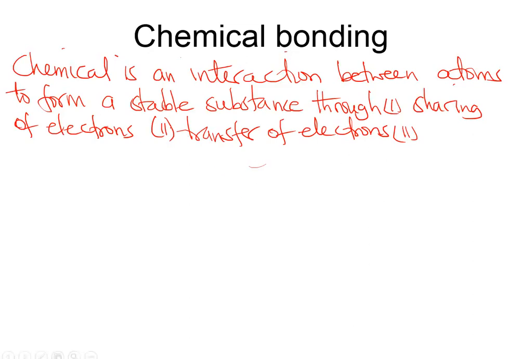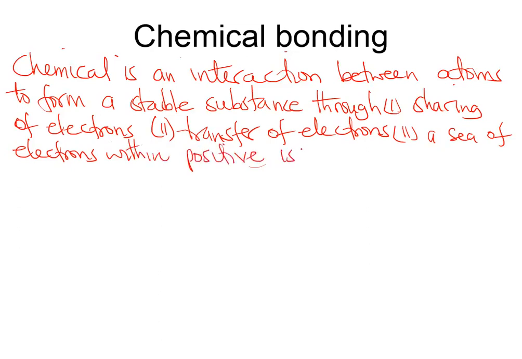So a chemical bond is the interaction between atoms to form a stable substance through 1, sharing of electrons, 2, transfer of electrons, 3, a sea of electrons within positive islands.